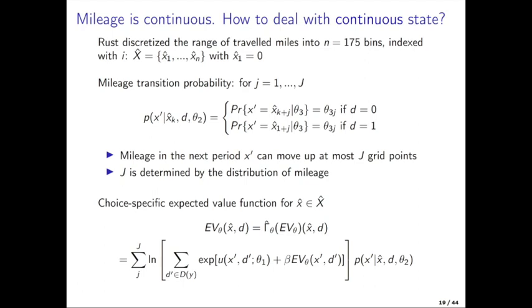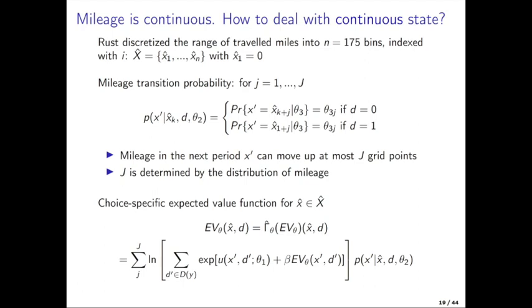We need to also handle in some way the fact that x is a continuous state variable. And here, I think John is very explicit about that in the paper. So I'm just writing out the model here very explicitly in terms of the chosen approximation method. So Rust discretized the range of the traveled miles into 175 bins, and there's also a version of the model with 90 bins.